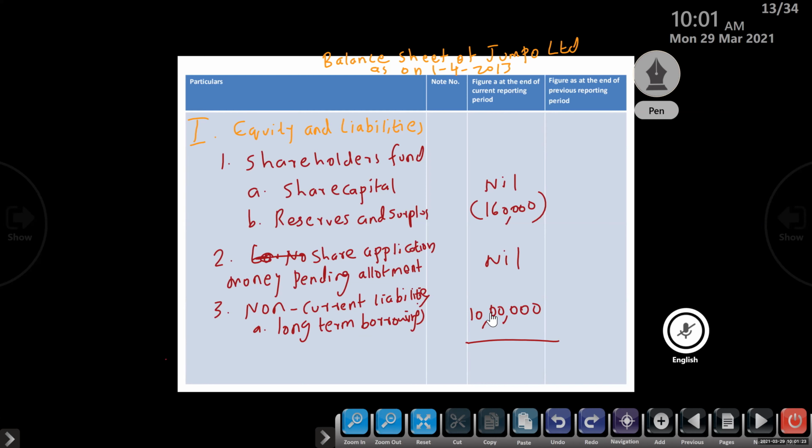So now we got 8,40,000. Now let's write. Equity and liabilities, shareholders' fund, share capital nil, reserves and surplus minus 1,60,000. Share application money pending allotment nil, non-current liability, long-term borrowings.